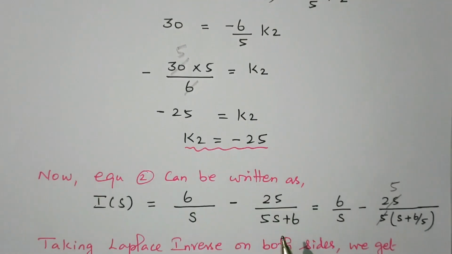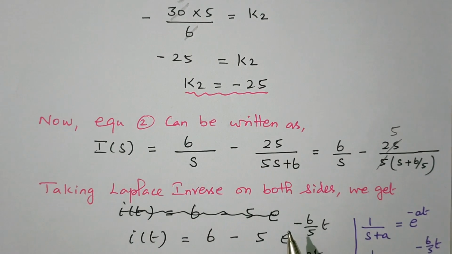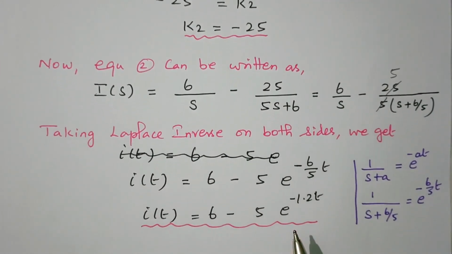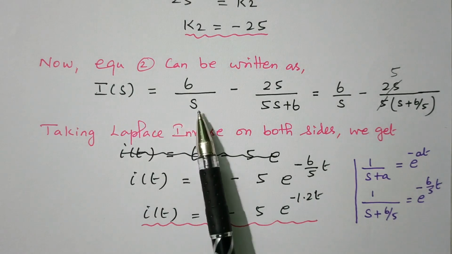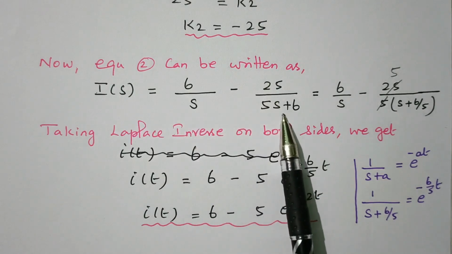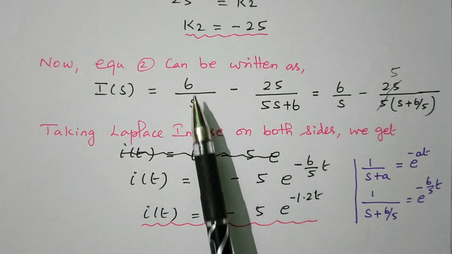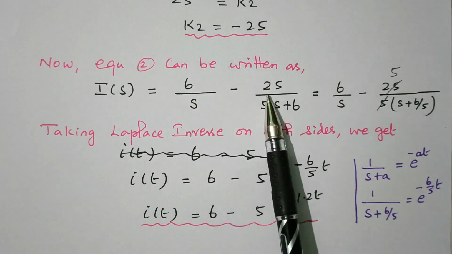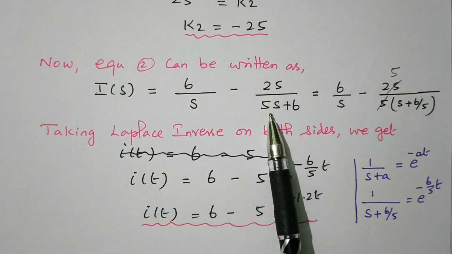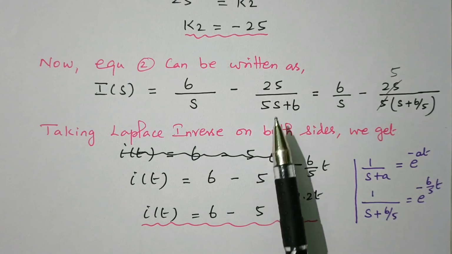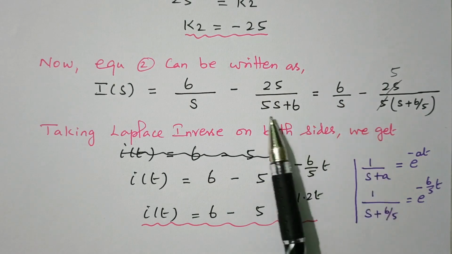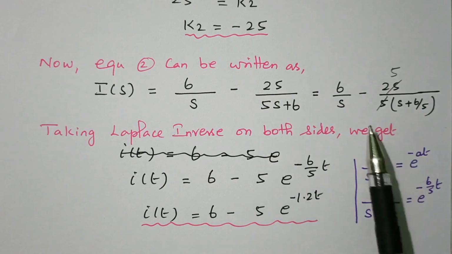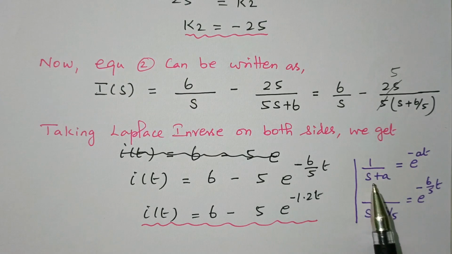So based on these values, we can write equation number 2. The second equation can be written as I of s equal to K1 by s plus K2 by (5s plus 6). So K1 is 6: 6 by s minus 25 divided by (5s plus 6). Right. We need the standard form, s plus a, s plus b, like that.